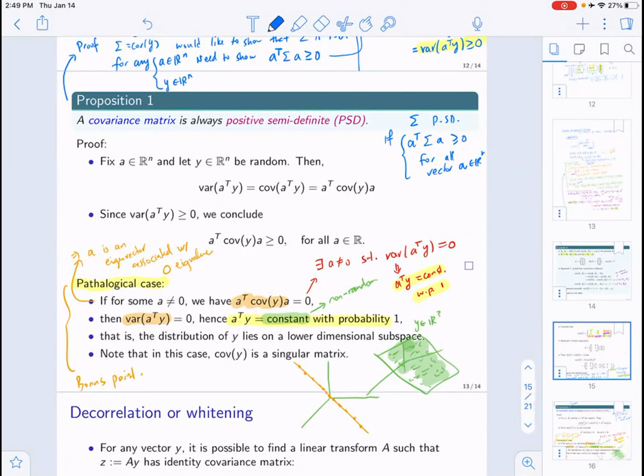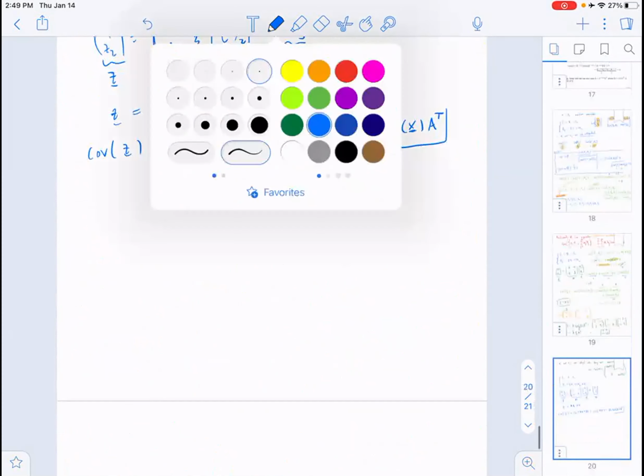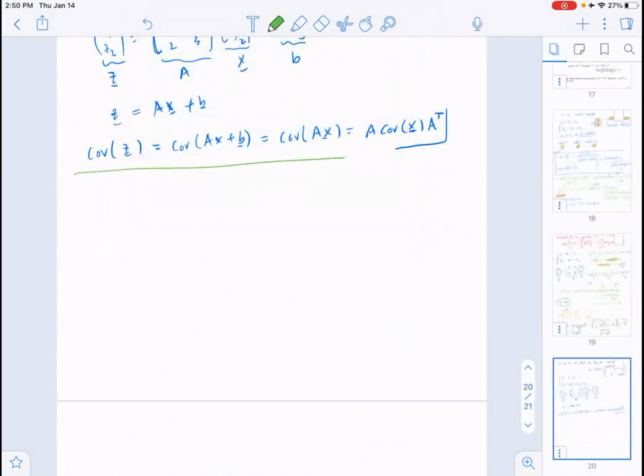Proposition: the covariance of Y is positive semi-definite for any random vector. Okay, so the proof is I take A in R^n, and then consider A transpose Y.